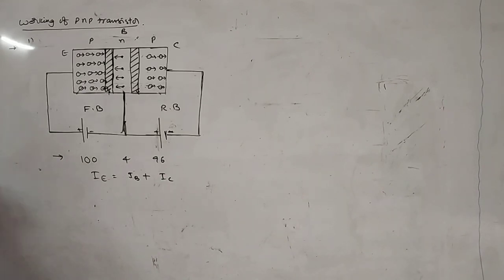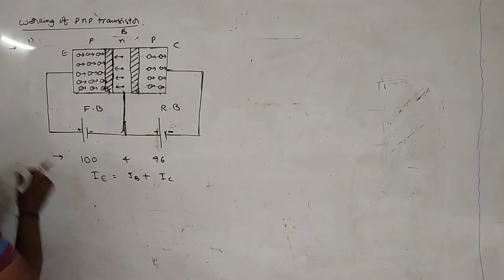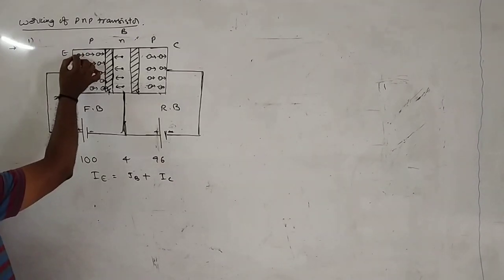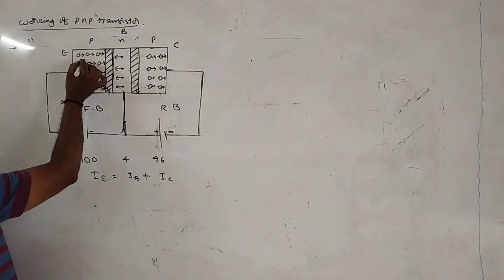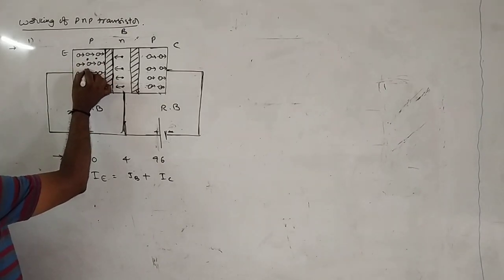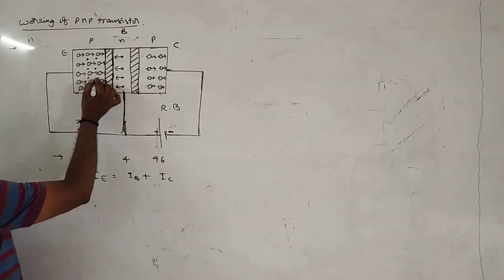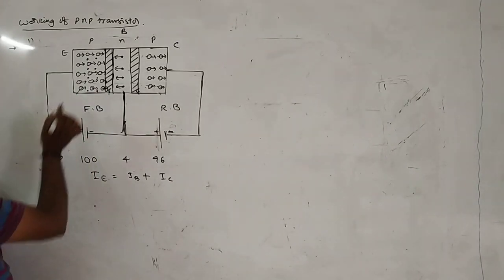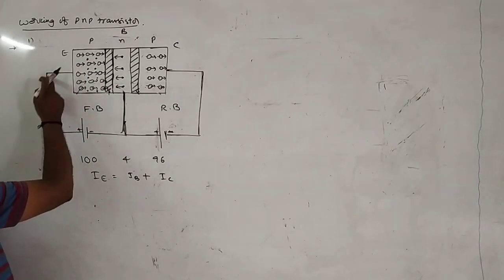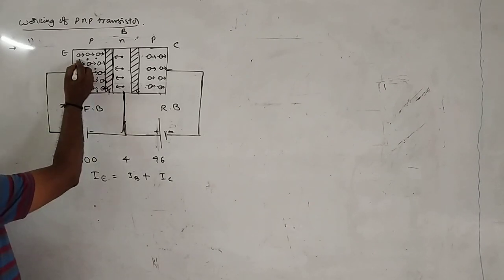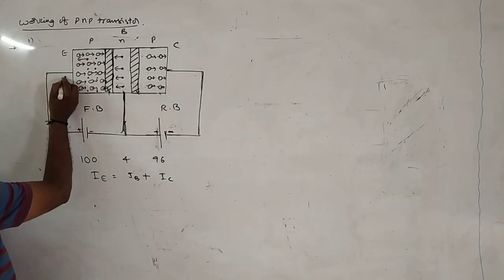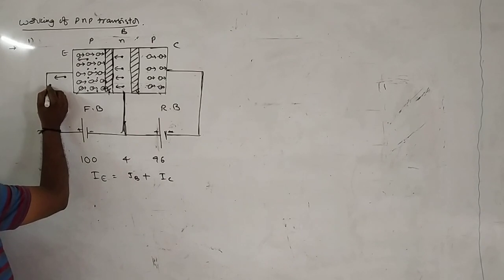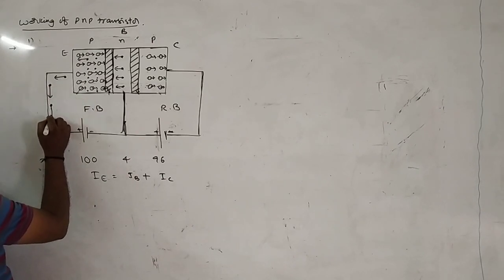Suppose here the emitter region has a majority number of positive charge holes and also some minority number of electrons in the p-type semiconductor. These electrons are strongly attracted towards the positive polarity. That's why electrons are moving like this. These electrons can flow through the external wires.